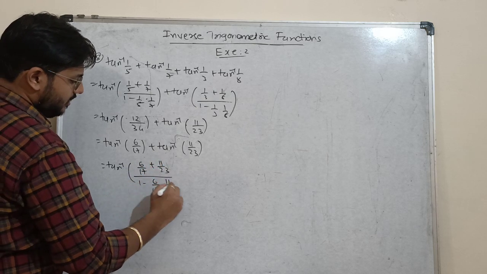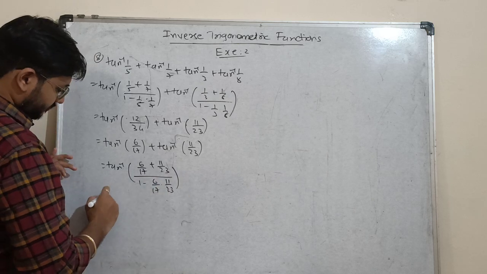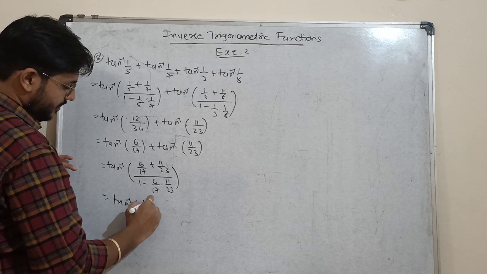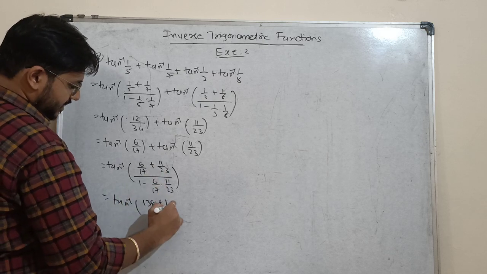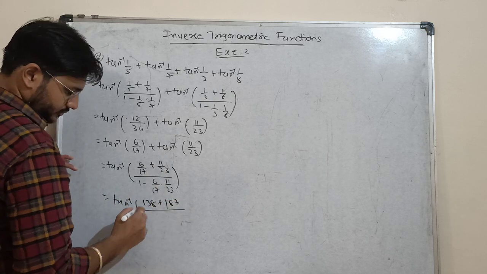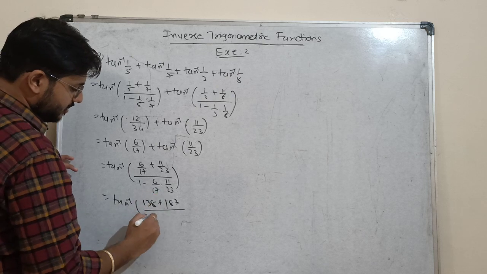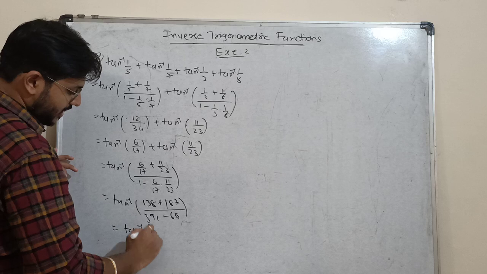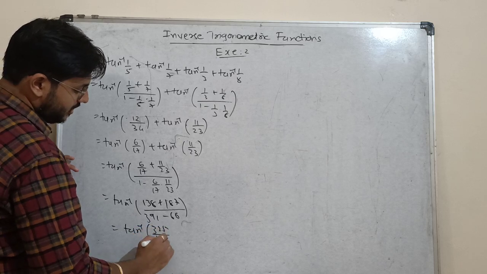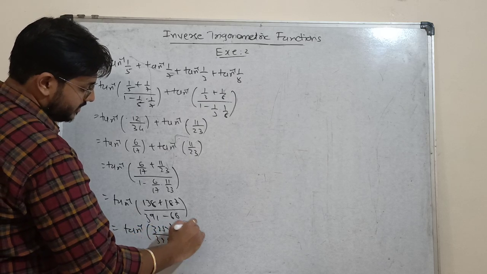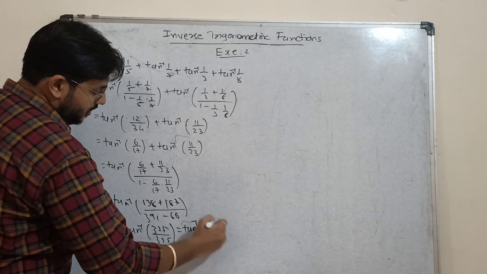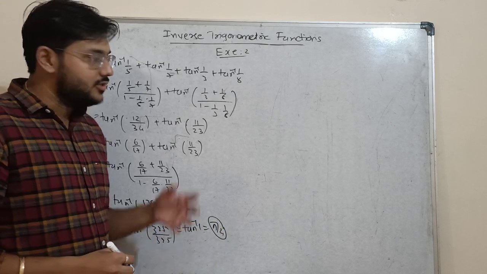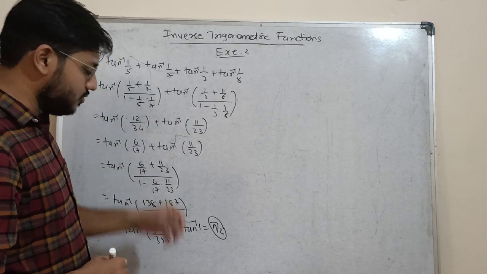So when you multiply, 23 into 6 is 138, 11 into 17 is 187, 17 into 23 is 391 minus 66. So it's tan inverse of 325 by 325, which is tan inverse 1, equals to pi by 4. Right? So you can take any combination of 2 terms together.